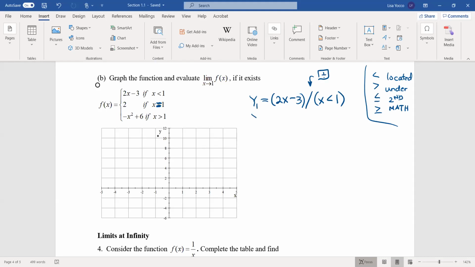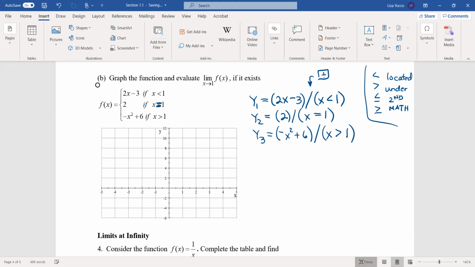Now we're going to put this in, but it's kind of overkill, but I'll tell you why. That's actually just an ordered pair. That says, hey, if x equals 1, y equals 2. So that's just an ordered pair. But we'll go ahead and put it in. And then for y3, negative x squared plus 6 if x is greater than 1.